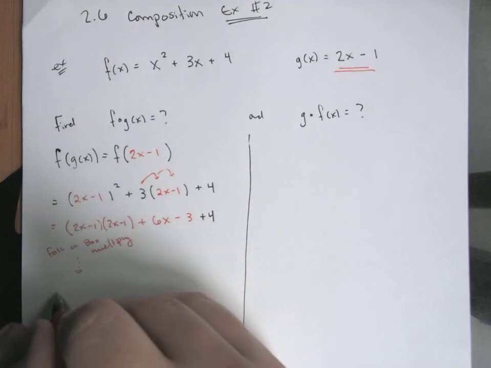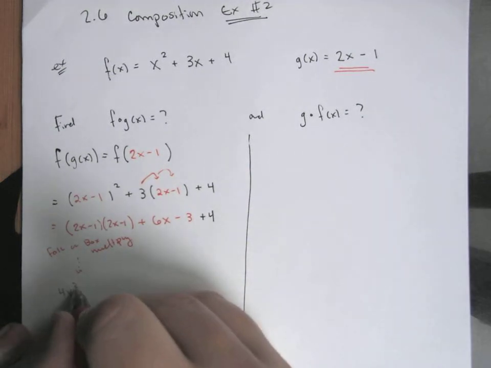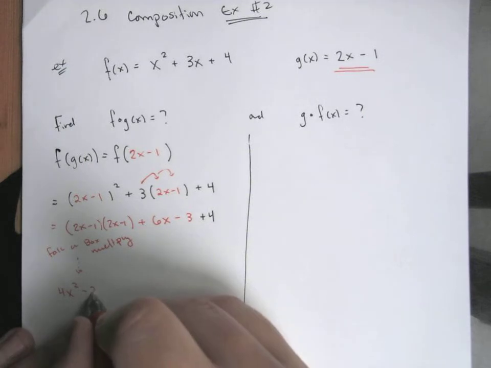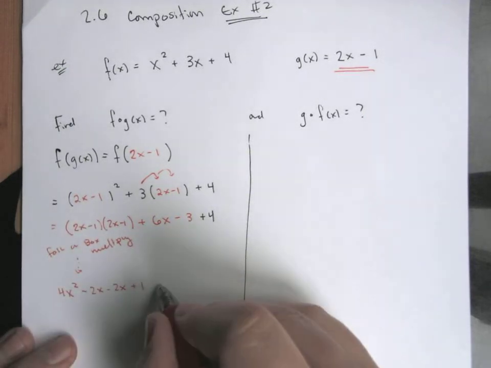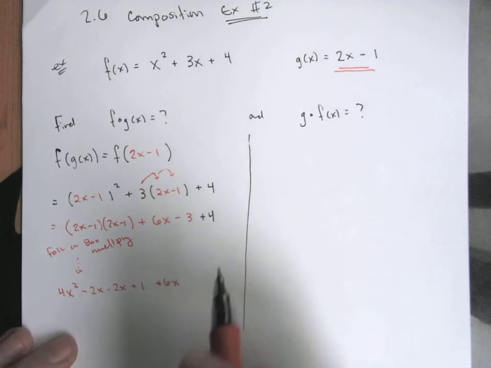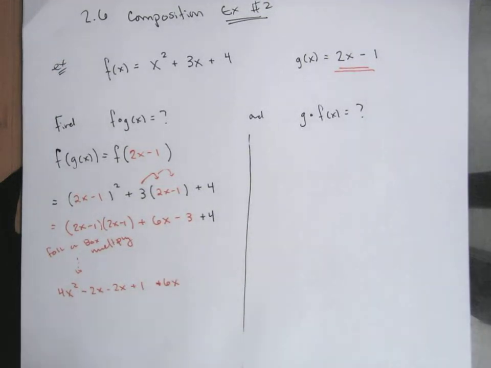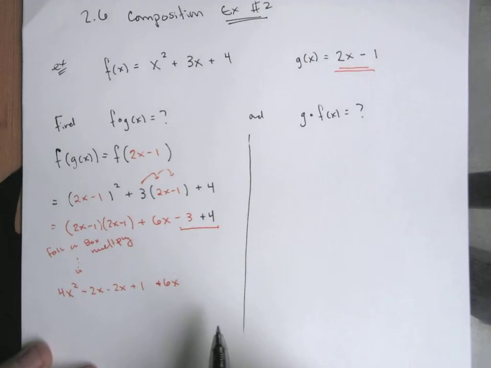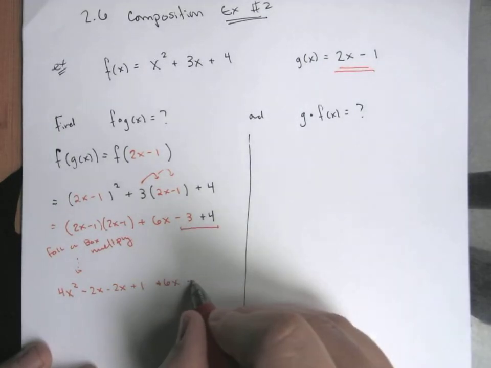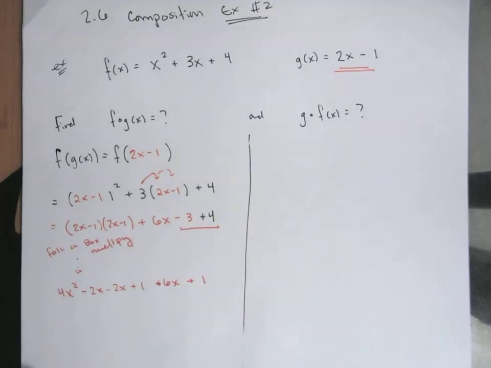And so what we're going to get is 4x squared minus 2x plus 1, plus this 6x. And then we could do a little bit of combining like terms as we go. Minus 3 and plus 4 would leave us with plus 1.